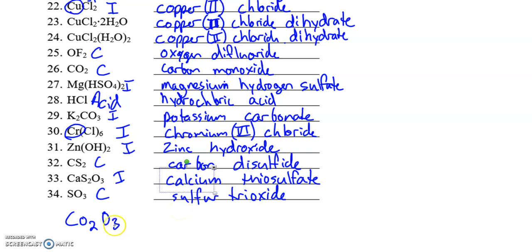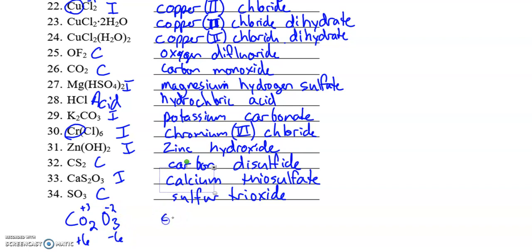Okay, the oxide, each oxygen has a -2 charge. So 3 times -2 gives you -6 overall. You got 2 cobalts here, so each cobalt would have to be +3 to give you a total of +6 to balance the -6 from the 3 oxides.